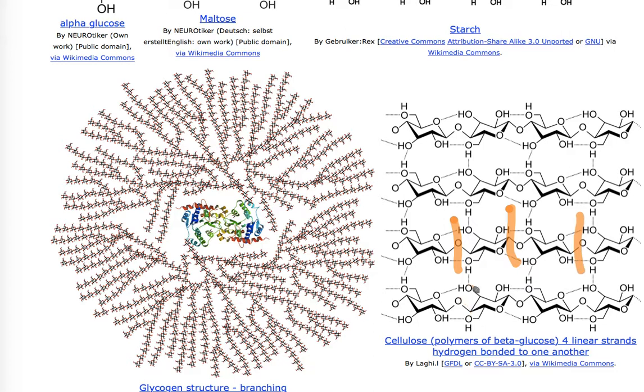As a result, the goat can burn the beta glucose in glycolysis and send it through the Krebs cycle and the ETS to make ATP. We can use beta glucose, but we can't use it when it's in cellulose.